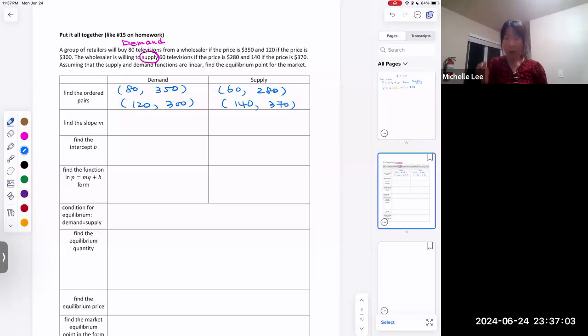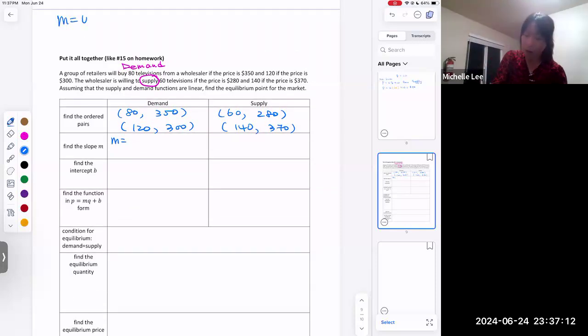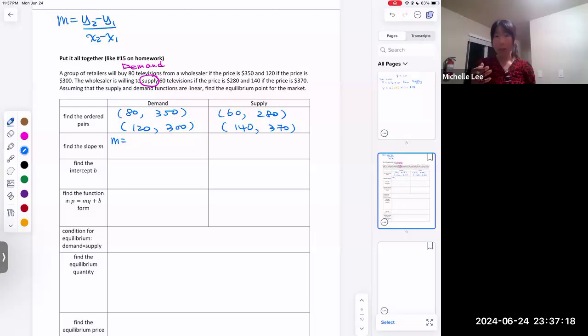Okay, find the slope. How do we find the slope? Slope equals y sub 2 minus y sub 1 over x sub 2 minus x sub 1. In that case, we are using P and Q, so the price is the y coordinate. This will be Q and this will be P, price.